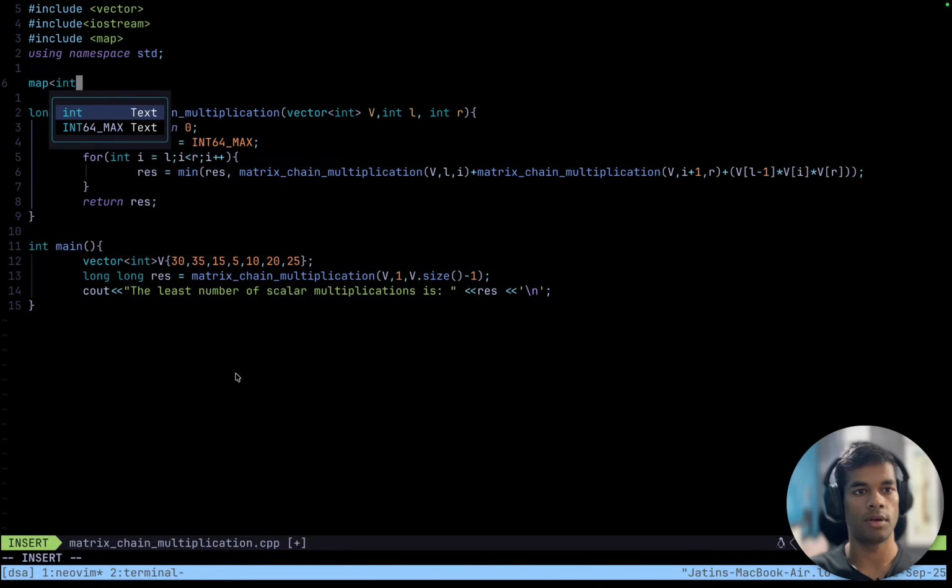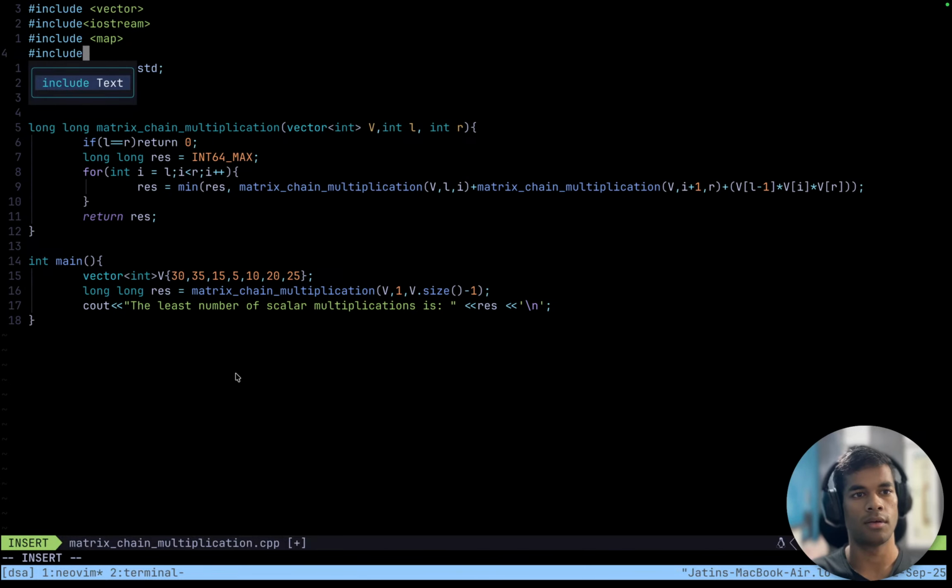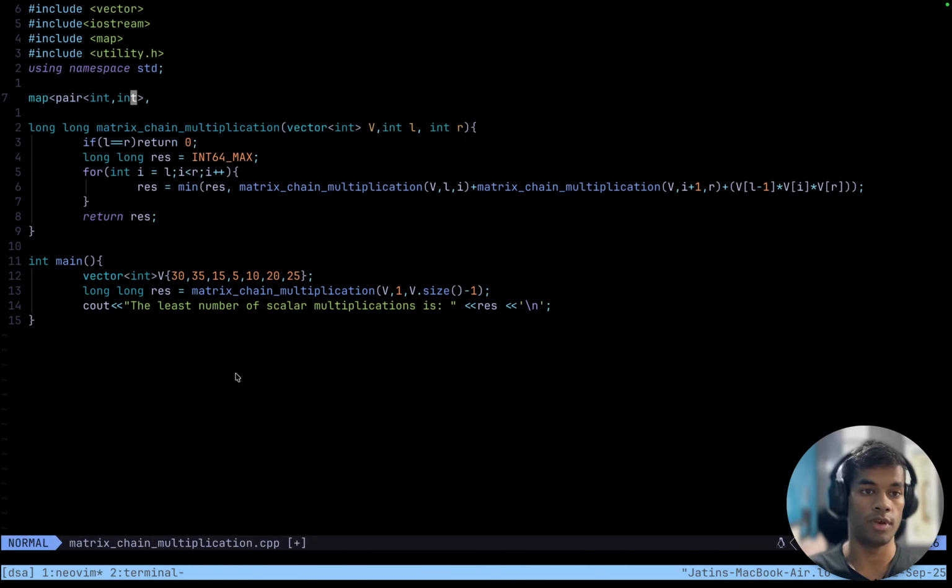So map, we will have to use a pair. I think pair is in the utility header. Map of pair, and we are using a pair as the key because we have two things here.